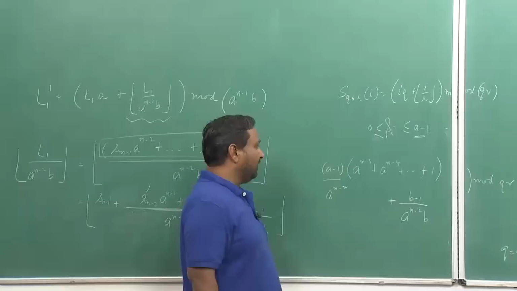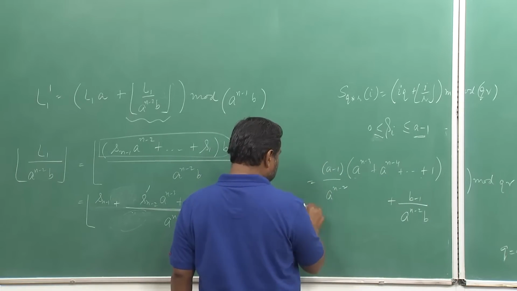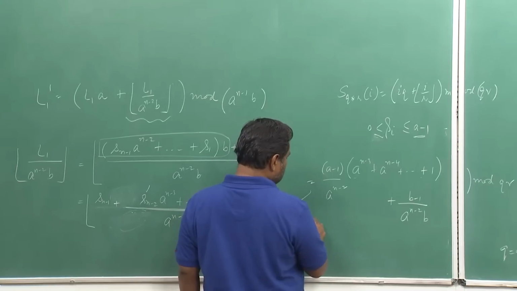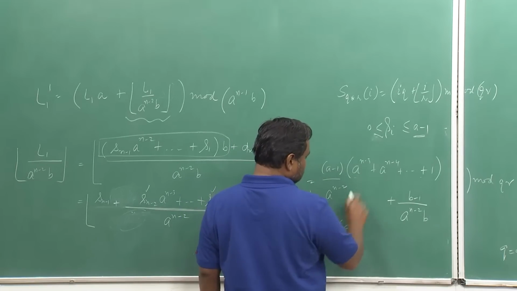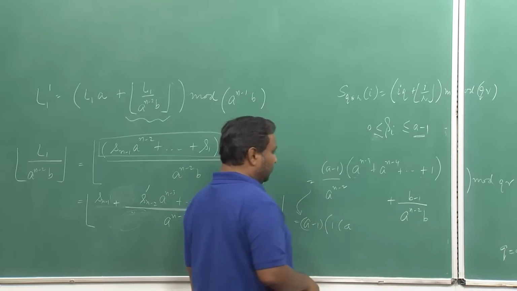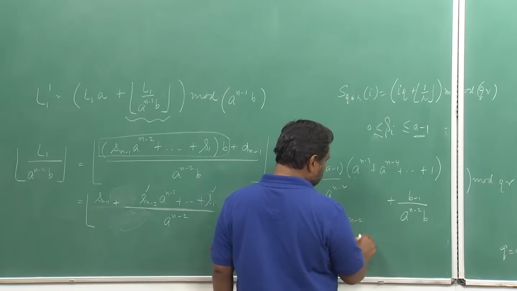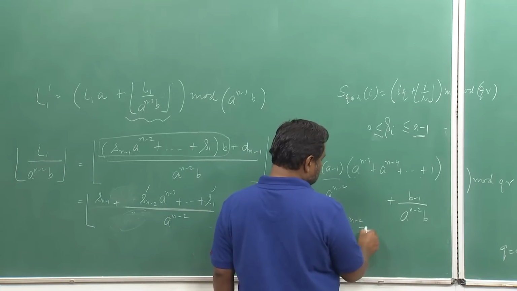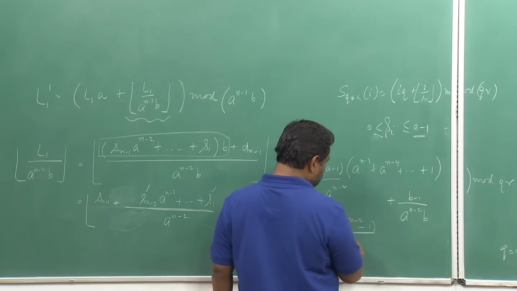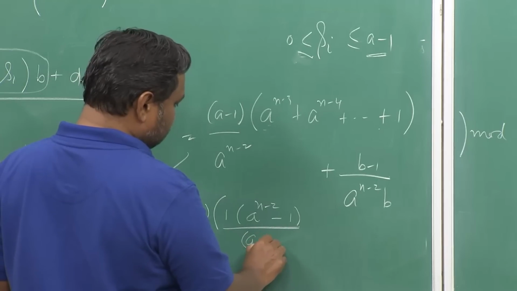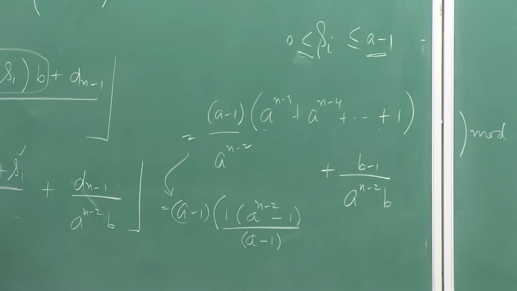So, this is nothing but a geometric progression and I can replace this thing by the sum: first term into the multiplication factor for every term raised to the total number of terms, n minus 2, minus 1, divided by whatever the factor is minus 1, okay.